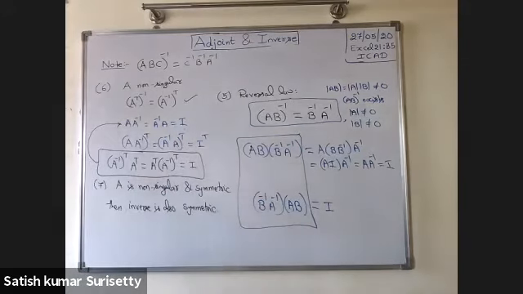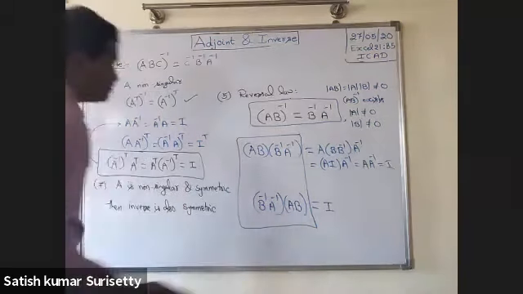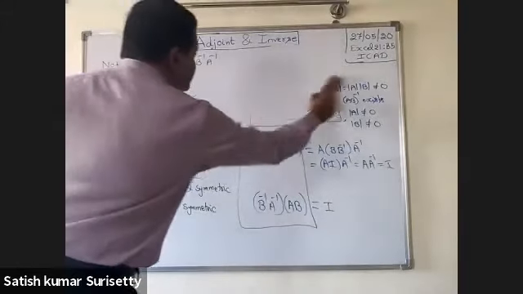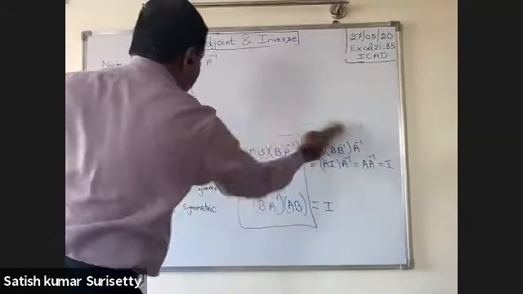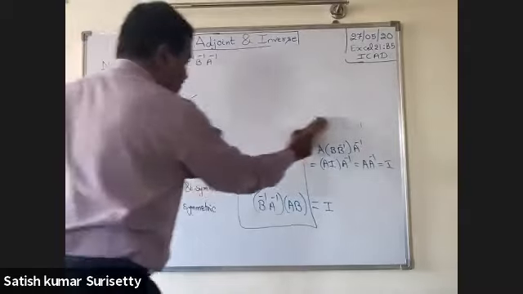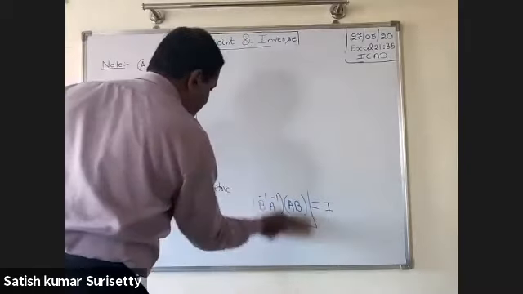A is non-singular and symmetric, then inverse is also symmetric. Have you understood the statement first? Yes.